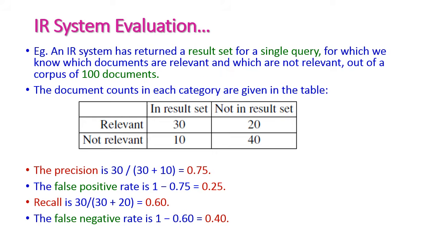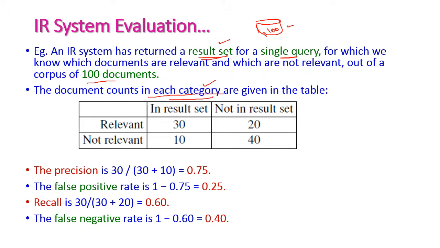The example contains 100 documents in a data set. By using a single query, we have to retrieve the relevant information from the data, and we store the result set also. Here is the table which gives the categories of the result set.